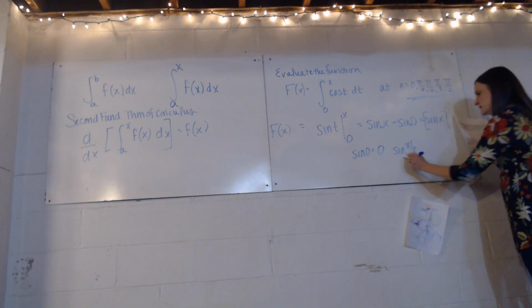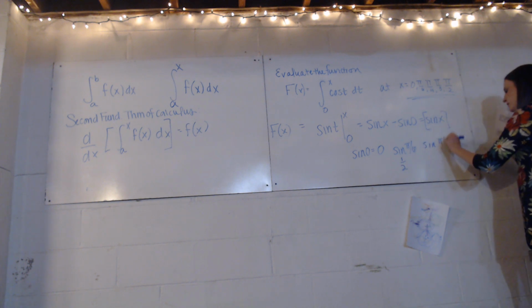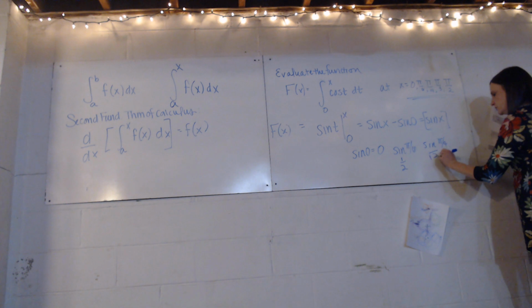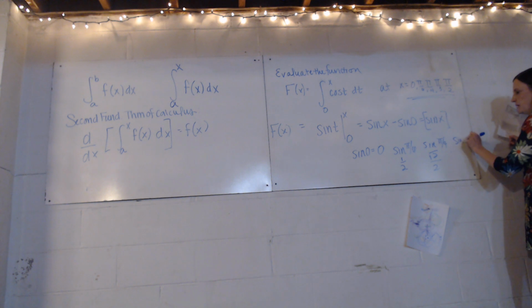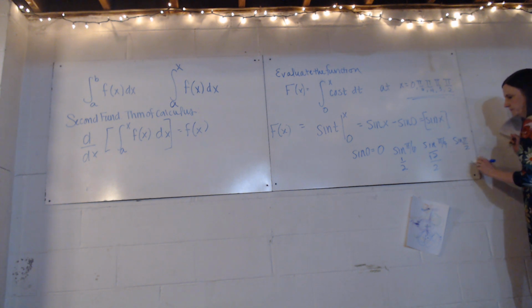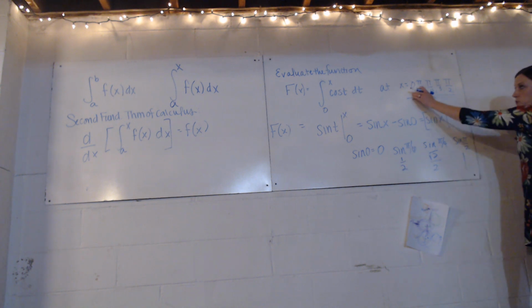Sine of pi over 6 is 1/2. Sine of pi over 4, that one I know, is square root of 2 over 2, and so on. I'm running out of space, but I would plug in all of these values all the way up to the sine of pi over 2, which I know off the top of my head is 1. To get these different numbers, I'm just plugging the value in.